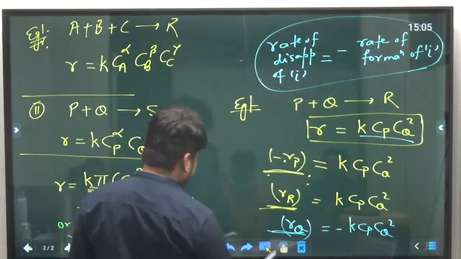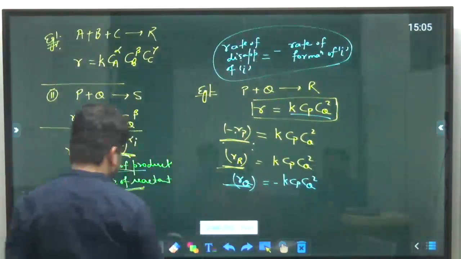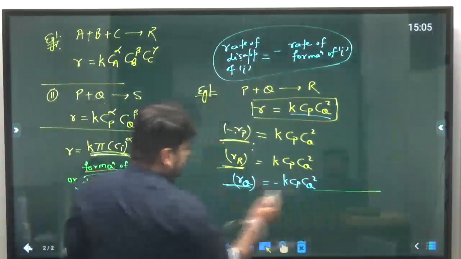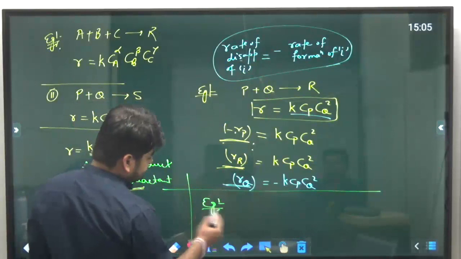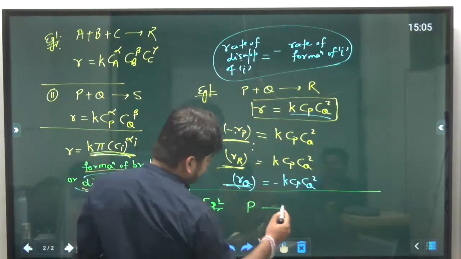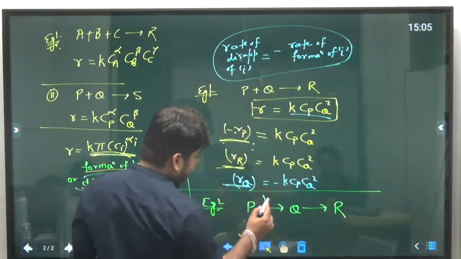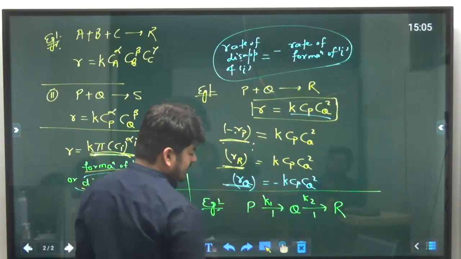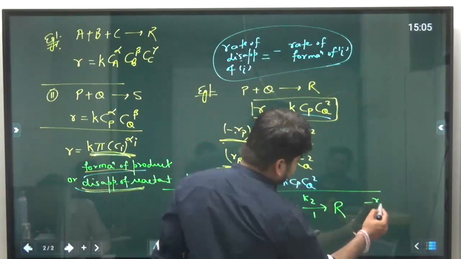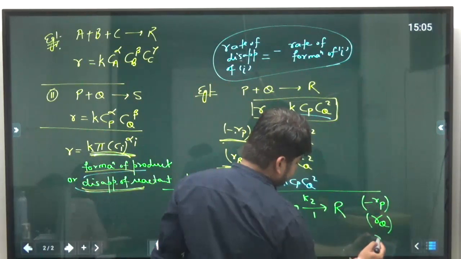So if this is clear, tell me what will be the rate of reaction for this. Here this is K1, here this is K2, order is 1, 1. You have to write minus Rp, Rq and Rr.